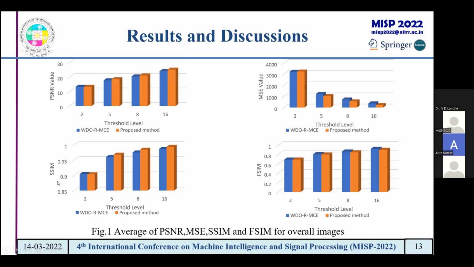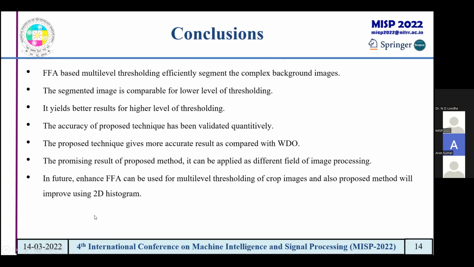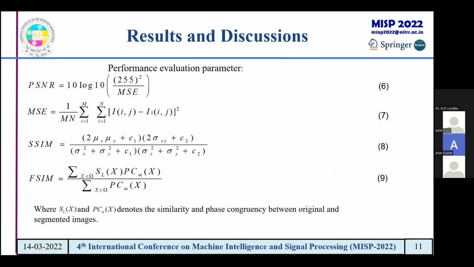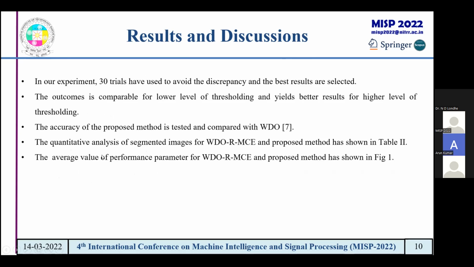For SSIM and FSIM, in both cases the Firefly algorithm is better than the wind-driven optimization. So the accuracy of the proposed method was tested and compared with wind-driven optimization, and we see the quantitative analysis of the Firefly algorithm with respect to wind-driven optimization.